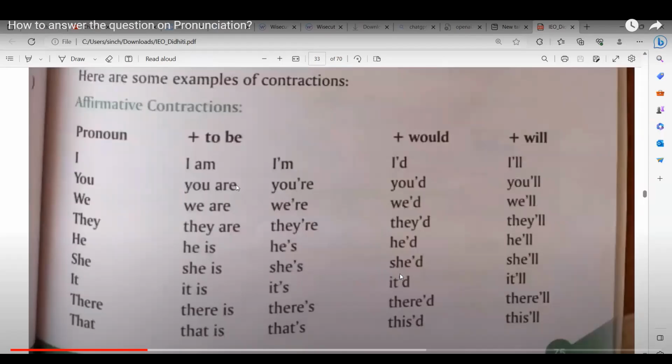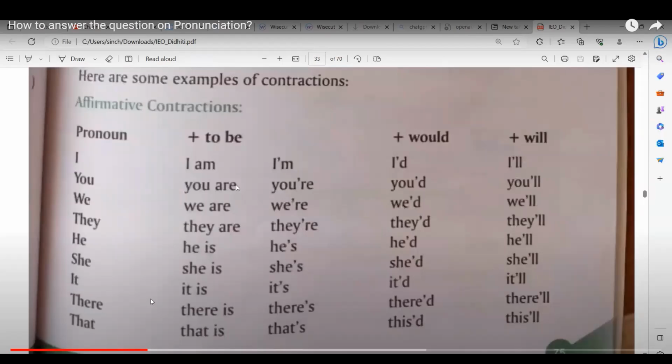Then plus would equals she'd. And then plus will equals she'll. Very good. Excellent. So here I is missing. We are using an apostrophe instead of I. Here WOUL is missing, and we are just using D. And here WI is missing and we are just using double L.